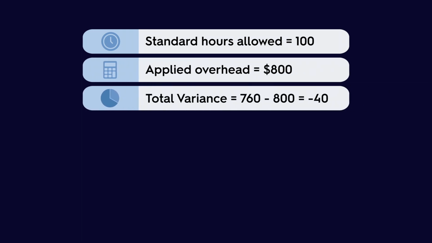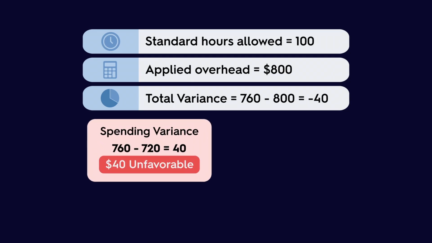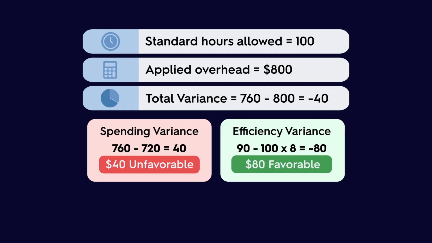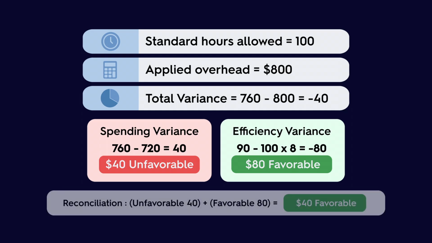Total variance is $40 favorable. But look at the breakdown. The spending variance is $40 unfavorable because the company spent more than the standard amount for the hours actually used. The efficiency variance is $80 favorable because it used fewer hours than allowed. Together, those still reconcile to a $40 favorable total variance.